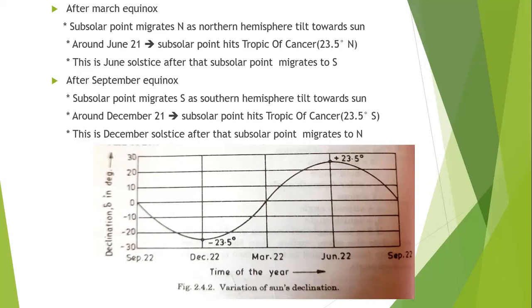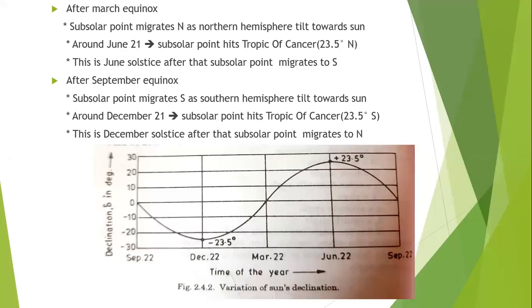Here the subsolar point hits the Tropic of Capricorn, at a latitude of 23.5 degrees south. In the June solstice, it is 23.5 degrees north. And this is the December solstice.